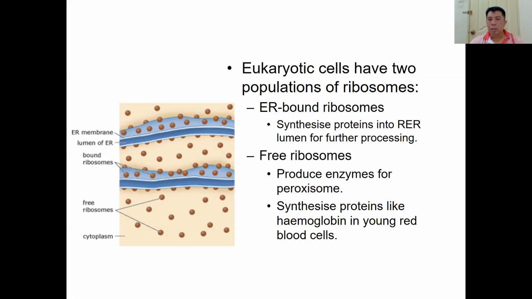In other words, the proteins or polypeptides formed by the free ribosomes are used for the peroxisome. Maybe you have no idea about the peroxisomes. We can say these are the proteins and enzymes formed for intracellular use.